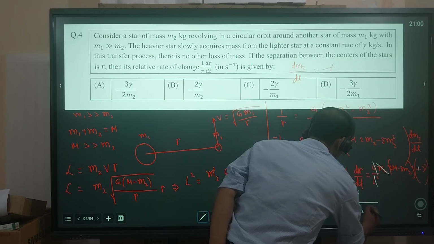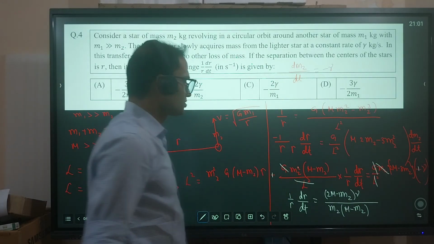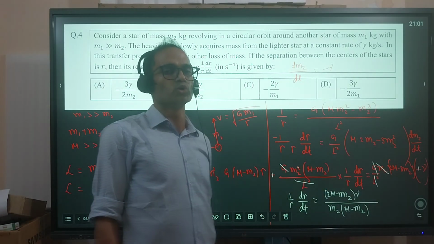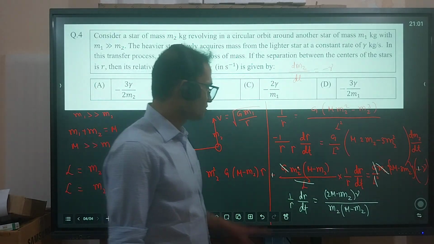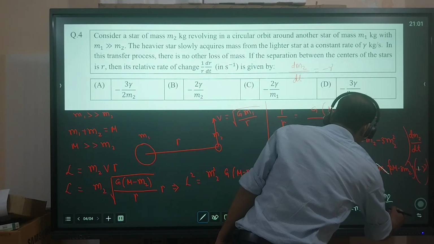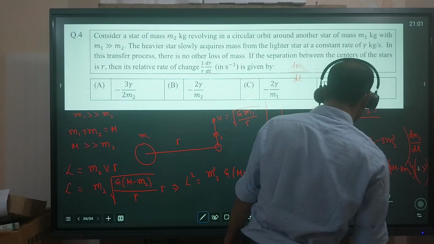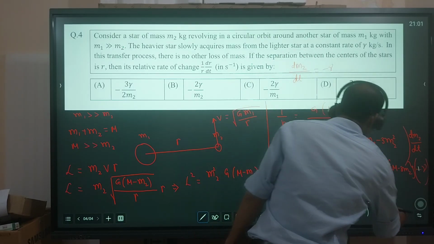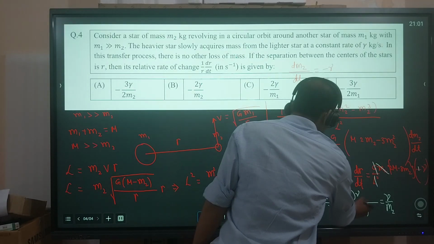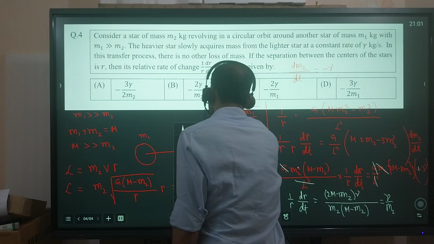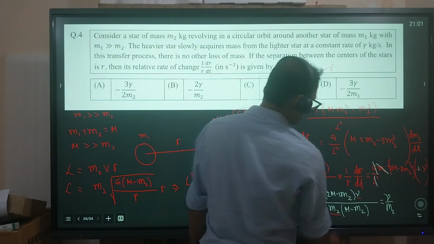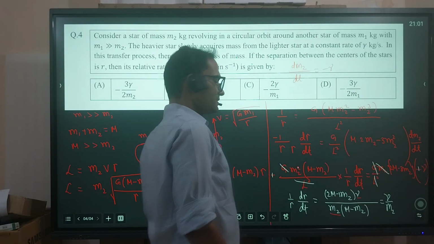Now this thing looks complex, but this capital M is very large compared to M2. So basically I will write gamma by M2. This part I have written. And what about this under parenthesis?